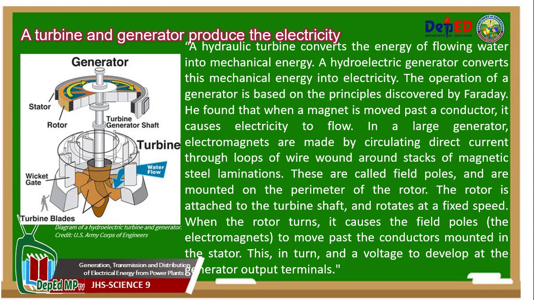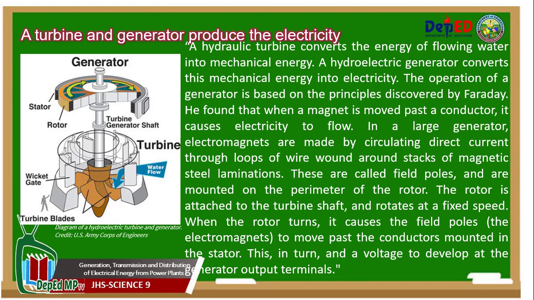In a large generator, electromagnets are made by circulating direct current through loops of wire wound around stacks of magnetic steel laminations. These are called field poles and are mounted on the perimeter of the rotor. The rotor is attached to the turbine shaft and rotates at a fixed speed.